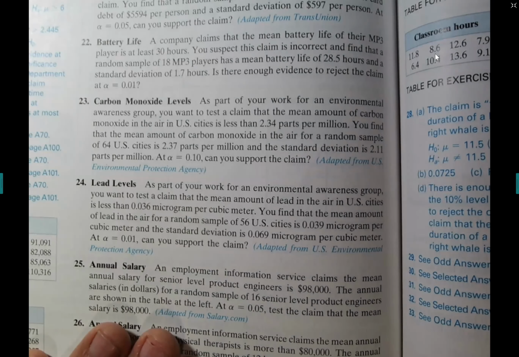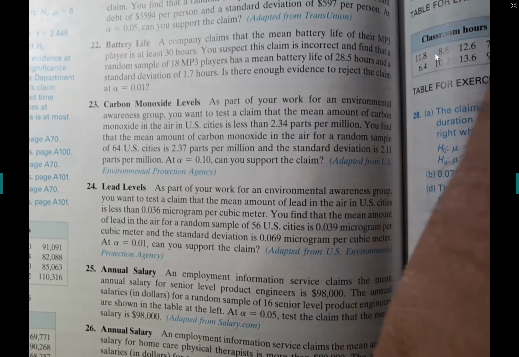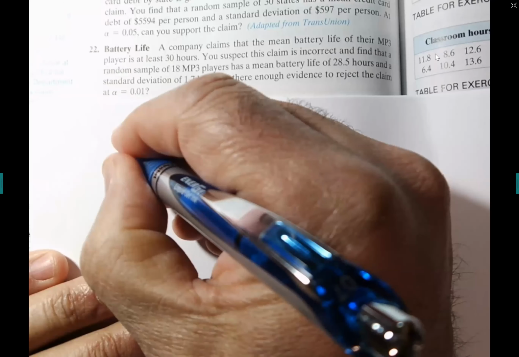A company claims that the mean battery life for their MP3 player is at least 30 hours. Let's write them down, guys. How do you write the null and the alternative? Number 22. You want to help me how to state those? Well, the claim is in H0 because they're saying it. Exactly.